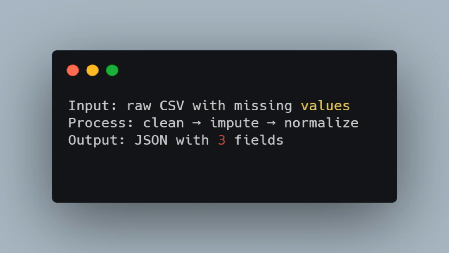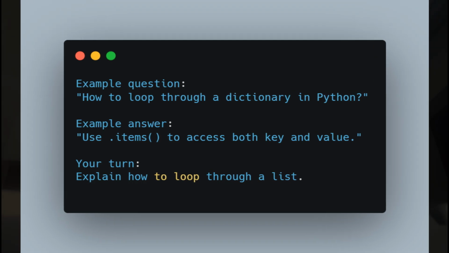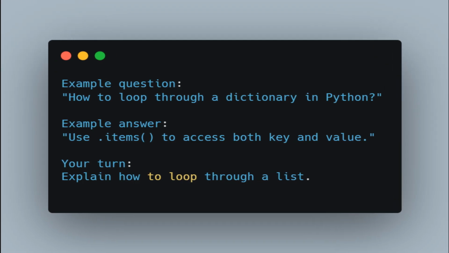The fourth is few-shot prompting, which is example priming. I'm going to show what you want. The example question here is how to loop through a dictionary in Python. And the example answer here is use dot items to access both key and value.